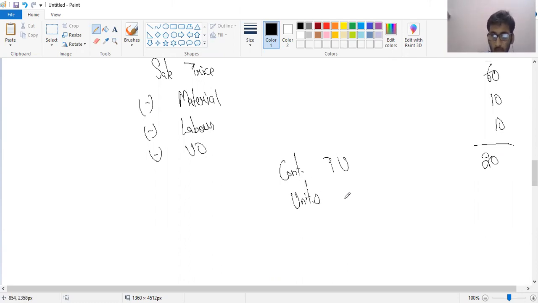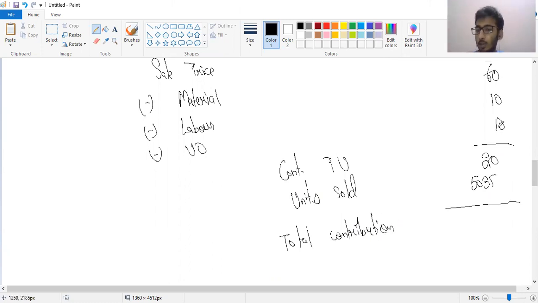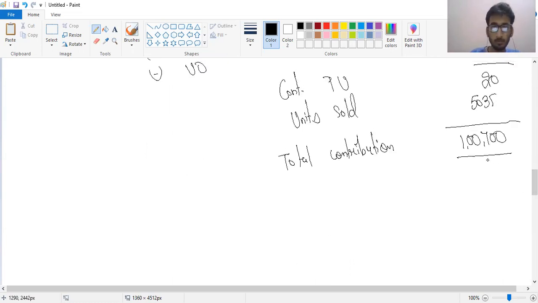Units sold would be 5035. Total contribution, how much would it be? Calculate. 5035 multiplied by, oh sorry, 20, 1000700. So total contribution is 1000700.